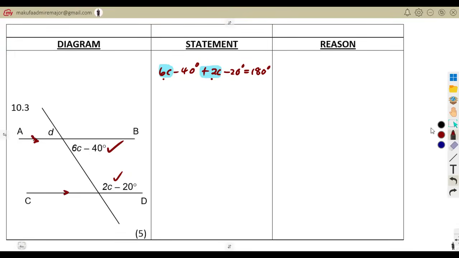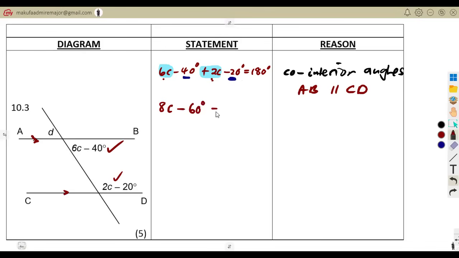All right, the reason there: these are co-interior angles. Remember that co-interior angles add up to 180 since AB is parallel to CD. All right, so like I said, 6 plus 2, that's 8C. Then in terms of the angles, minus 40, minus 20, that is going to give us minus 60, which is equal to 180 degrees.